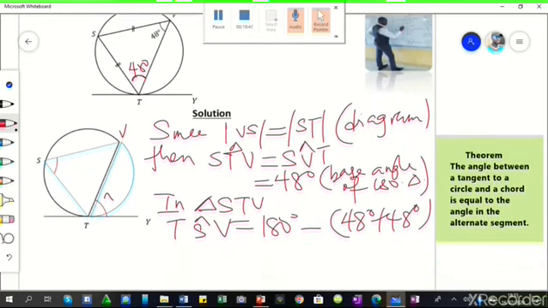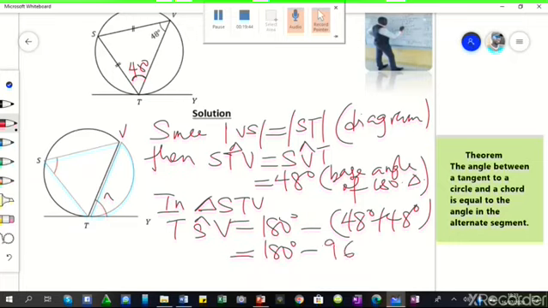And that will give us 180 degrees minus 96 degrees, and that is 84 degrees.